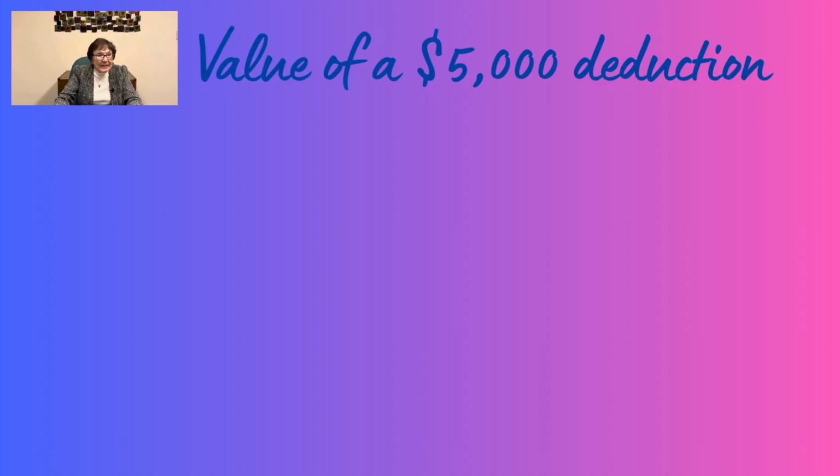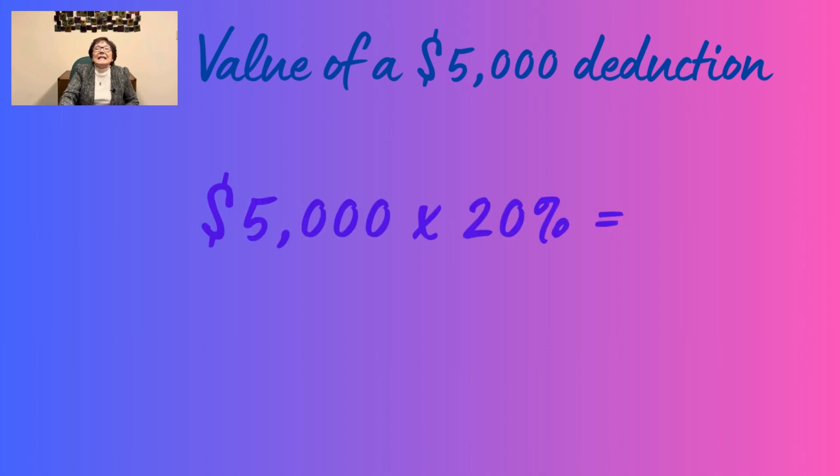All right, let's talk about what is the value of a $5,000 itemized deduction, a $5,000 exclusion, and a $5,000 tax credit. I have here a numerical example of the value of a $5,000 itemized deduction. That is $5,000 times 20% is $1,000. So a $5,000 itemized deduction has an actual value of $1,000.